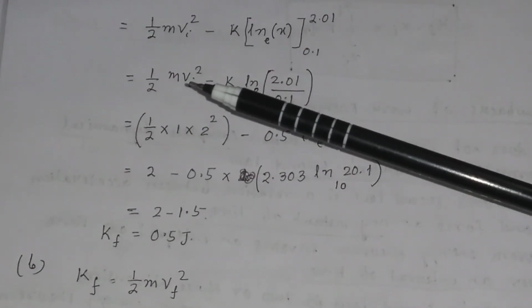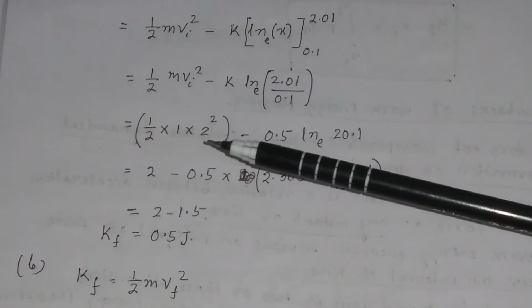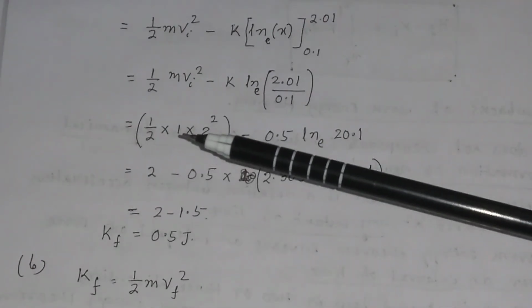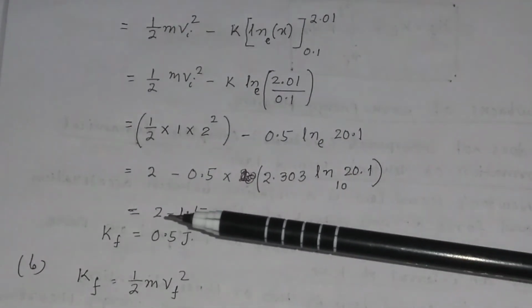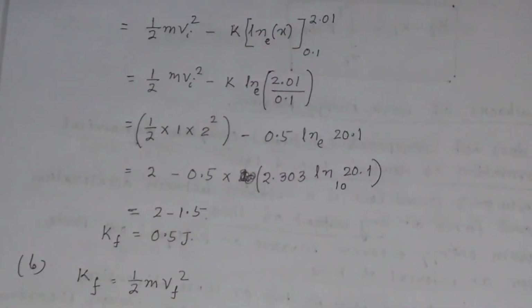For m, it is given 1 kg, and vi is given as 2. So if you substitute these values, it will be equal to 2. So the final kinetic energy will be equal to 0.5 joule.